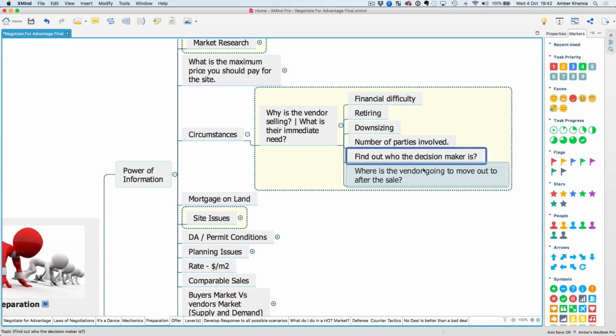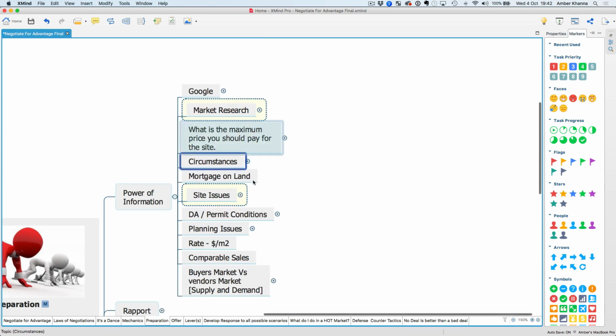So make sure you gather all that information, because every little piece of information you will use to negotiate something later on. So market research, everything that we discussed earlier, the spatial analysis: how long have these people lived on that site? What are we trying to determine? We're trying to determine their emotional attachment to the place.